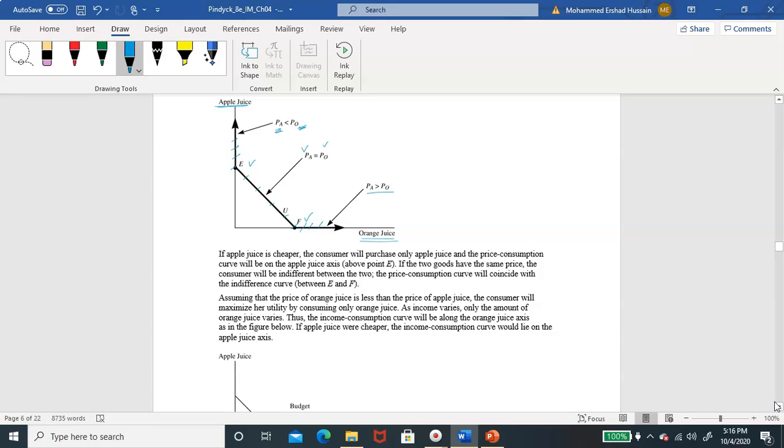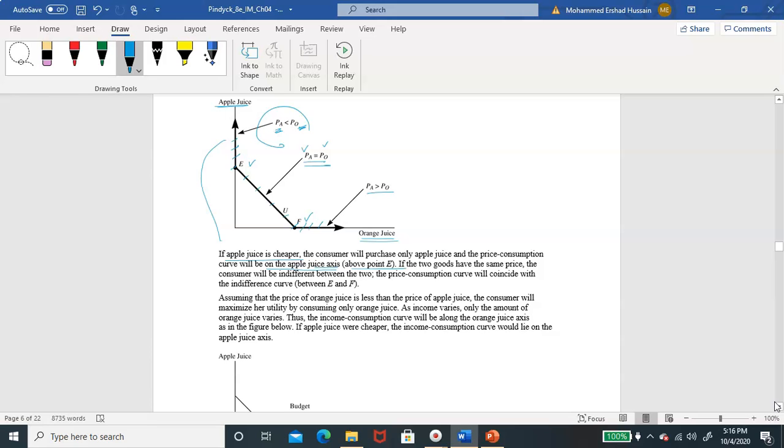This is what they are saying. If the price of apple is cheaper, here this part, consumers will purchase only apple, right? And the price consumption curve will be on the apple juice axis, right? Point E. So if the two goods have the same price, the consumer will be indifferent between the two here at this point, right?